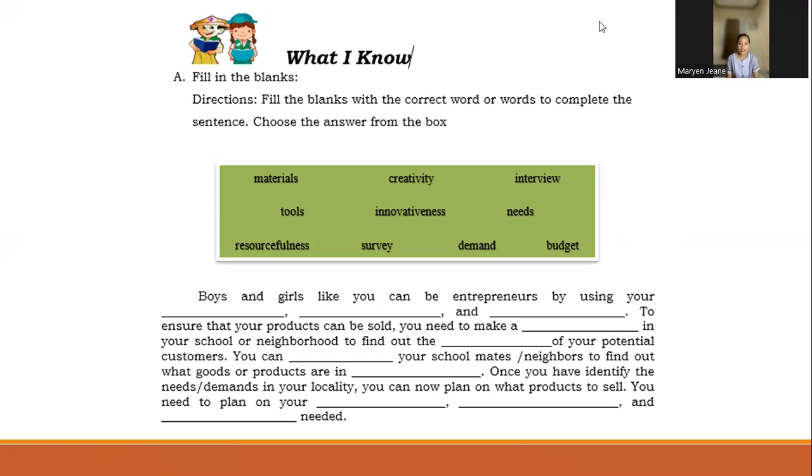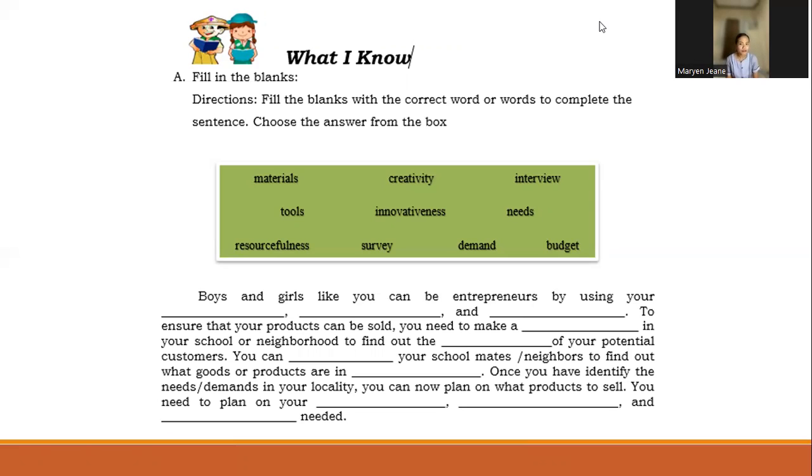Choose the answer from the box. There is a green box, and you can see there are words in it. There are 10 words, and below the box is the sentence that you will complete.